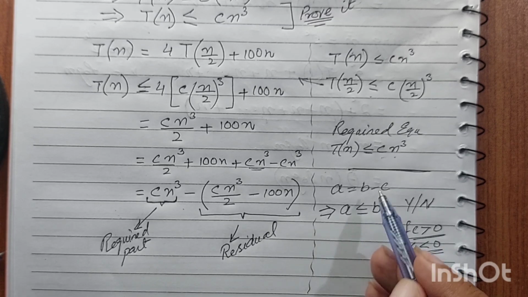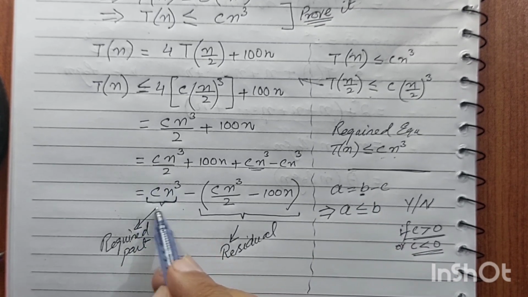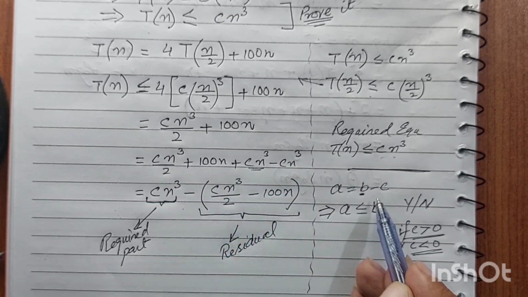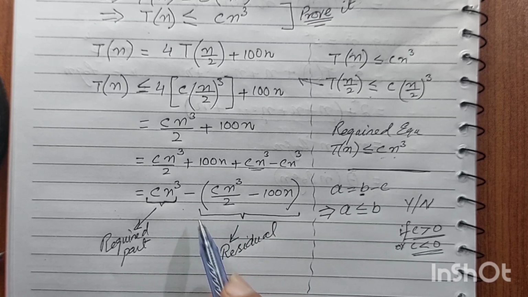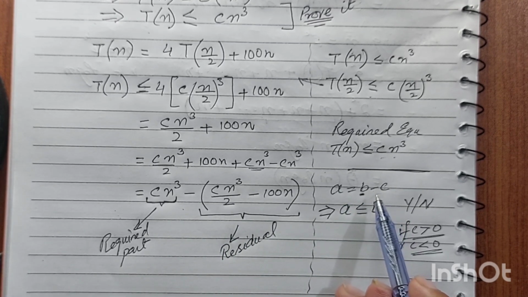Okay, so now assume that this B is this part and this C is this whole part, and there is a minus between these two. So you can easily do this thing.